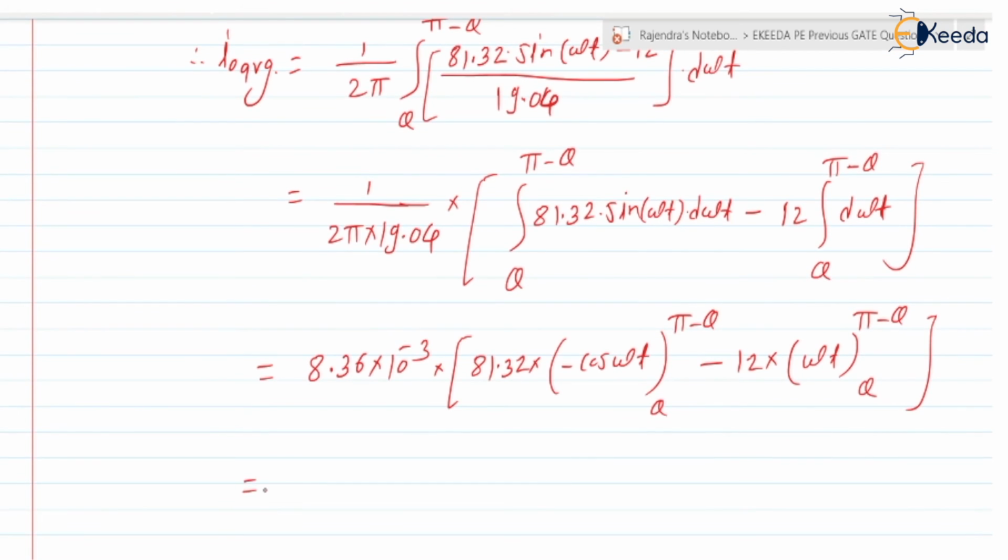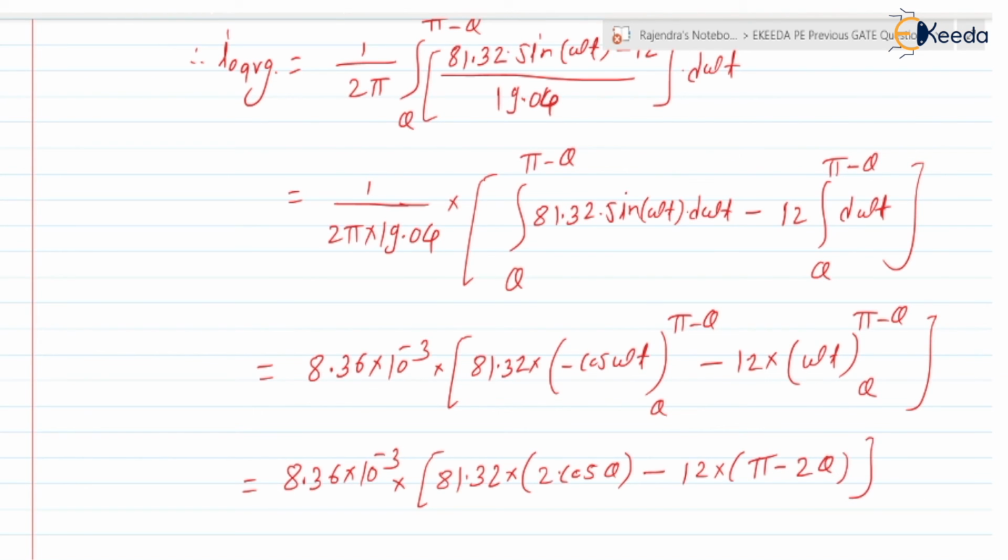This can be written as 1 upon 2 pi 19.04 into 81.32 into minus cos of pi minus theta, that is cos theta plus cos theta. It is like 2 cos theta minus 12 into pi minus theta, that is pi minus 2 theta. Right?